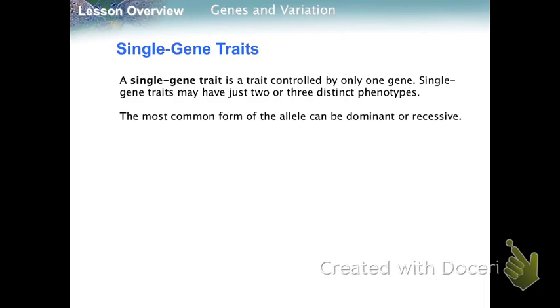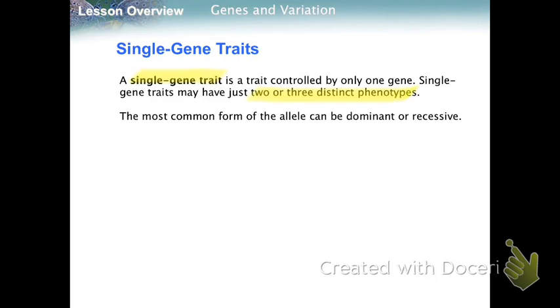Single gene traits, just like they sound, are traits controlled by only one gene. Cystic fibrosis, sickle cell disease, eye color more or less. There are 2 or 3 distinct phenotypes. And those are homozygous dominant, homozygous recessive, heterozygous are the genotypes. Sometimes we can see just brown eyes and blue eyes there.